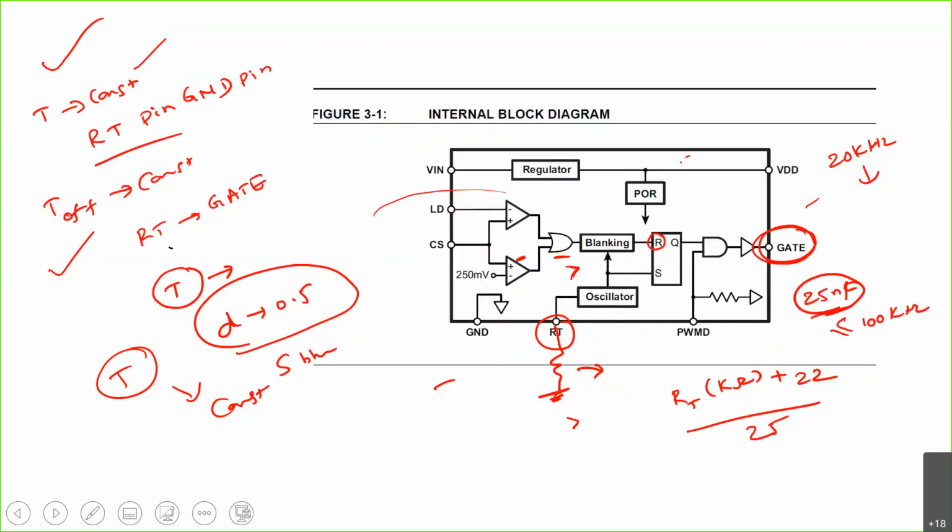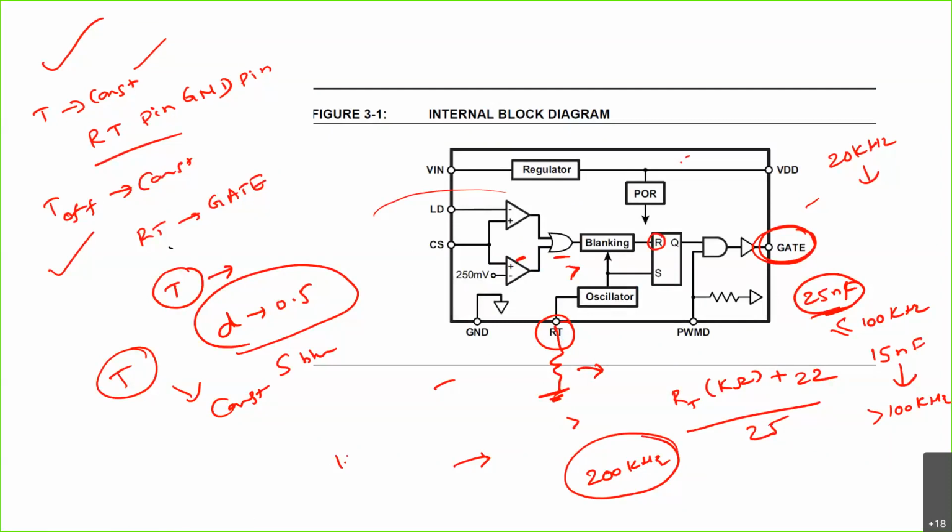If it is less, for example 15 nanofarads, then you can operate above 100 kilohertz. The maximum is usually 100 kilohertz, but typically it gives the best results at 100 kilohertz.